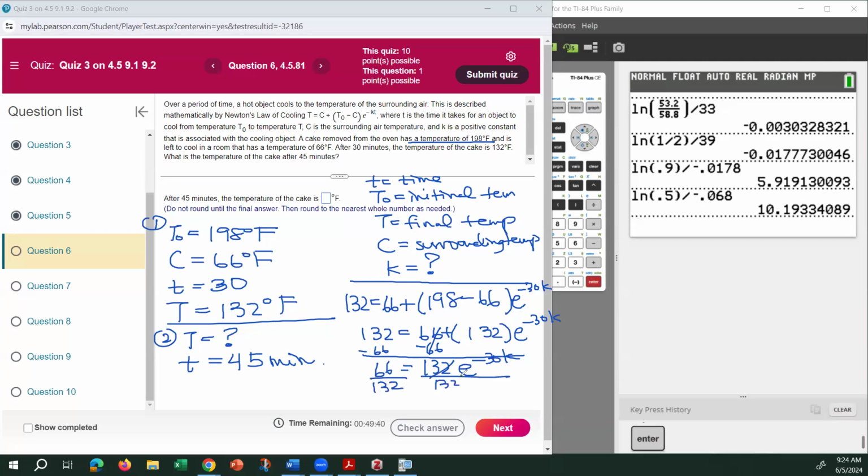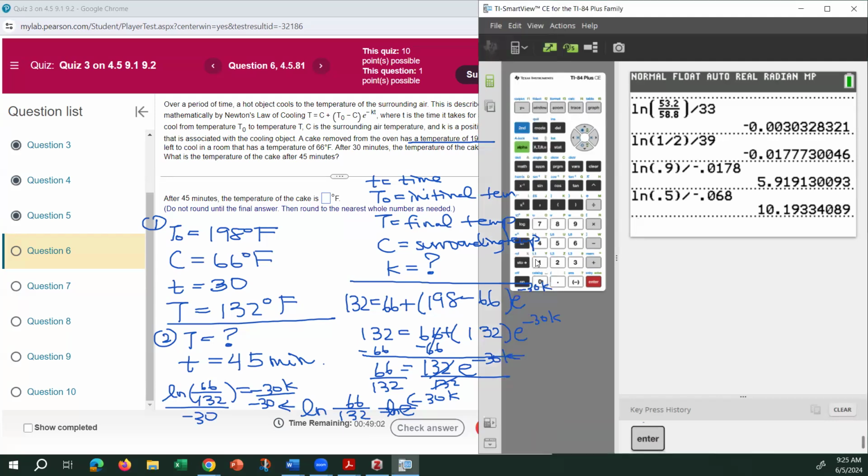Now we have 66 over 132 equals e to the negative 30k. To cancel the e, we take ln of both sides. ln of e is going to cancel. And so we get ln of 66 over 132 is equal to negative 30k. To find k, we divide both sides by negative 30.